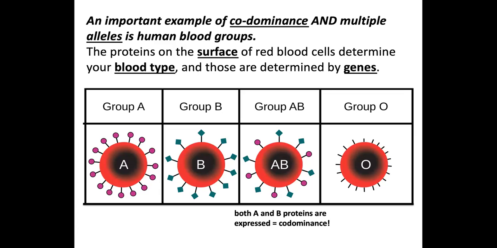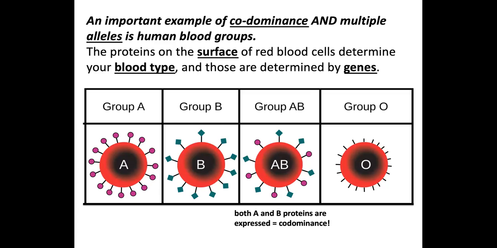Pay super duper attention. So now we're going to talk blood types. So blood types, okay? They are an important part of codominance, but they are also a multiple allele, and I'm going to explain why. So the proteins on the surface of red blood cells determine your actual blood type, and those are determined by our genes.